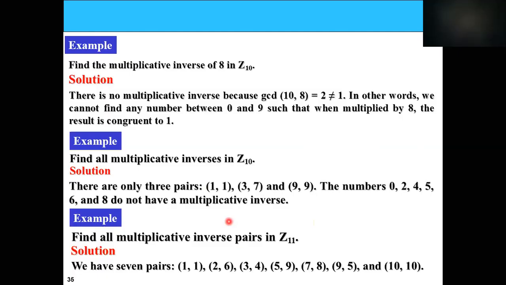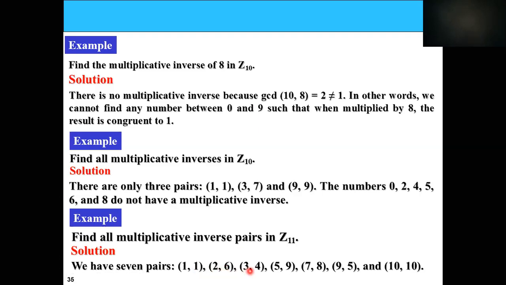So in that case, dear student, if you look over here, these are the pairs of multiplicative inverses in Z11. 1 is the inverse of 1, 2 is the inverse of 6, because if you multiply 2 with 6, you get 12, and under mod 11, this is 1. So 2 into 6 is congruent to 1 mod 11.